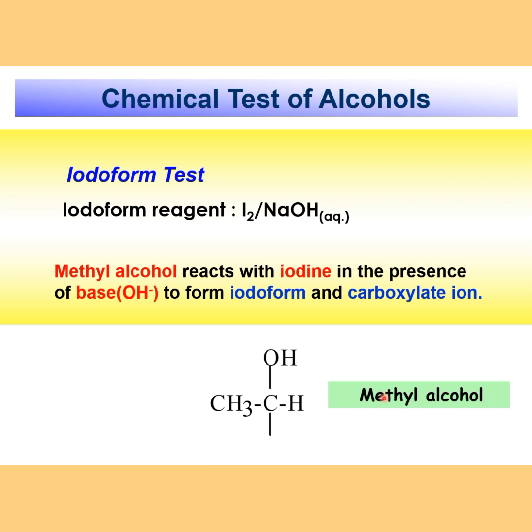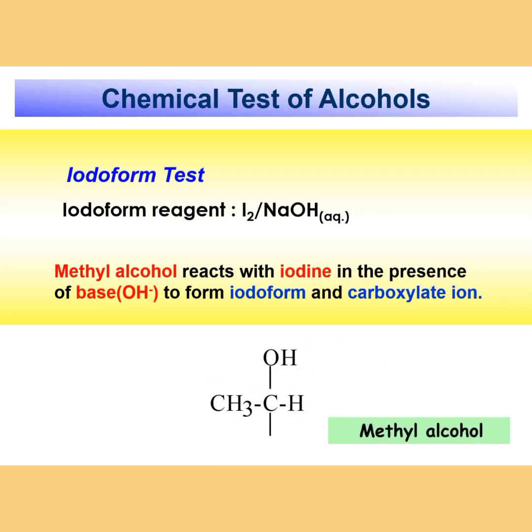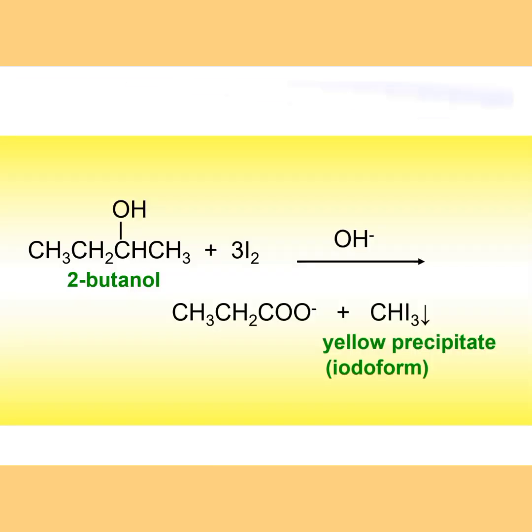The methyl alcohol group must consist of these three items: methyl, hydroxyl, and hydrogen bonded to the same carbon. Since the alcohol has this group, it is a methyl alcohol.